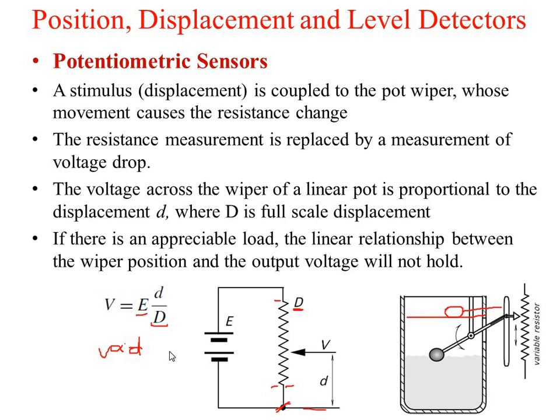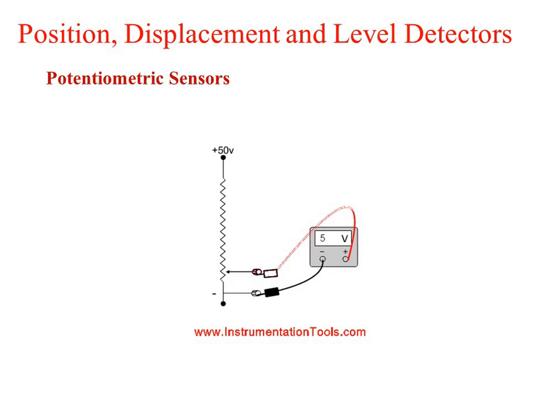If an appropriate load is not used, then you can easily create the relation between the wiper position and the output voltage. Here is an example of how exactly the voltage is changing. From this position it is changing.